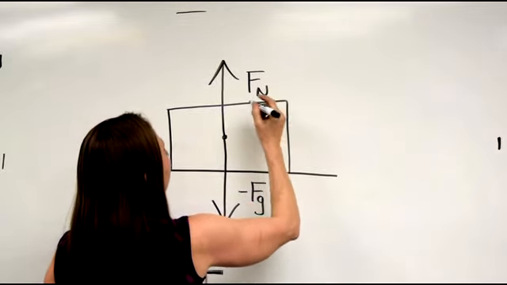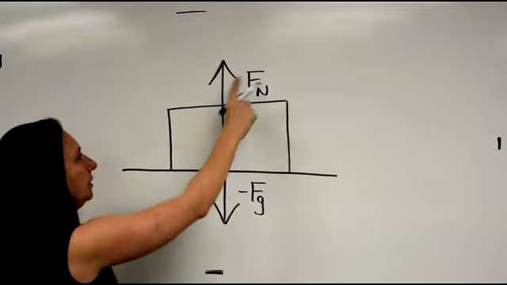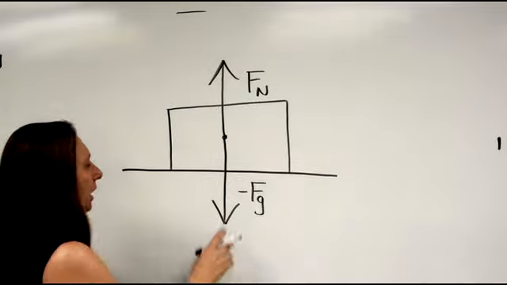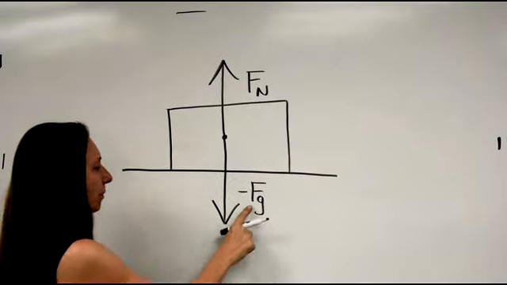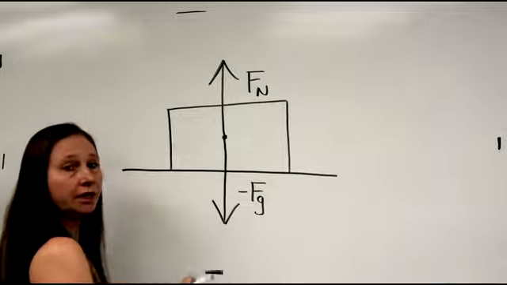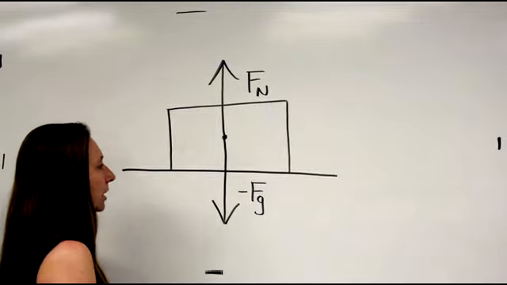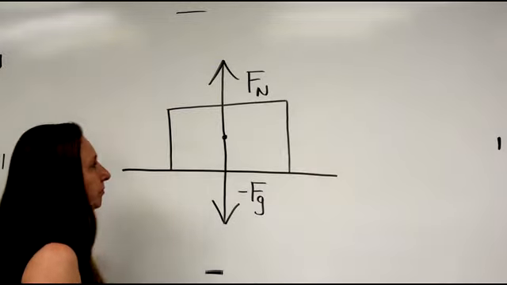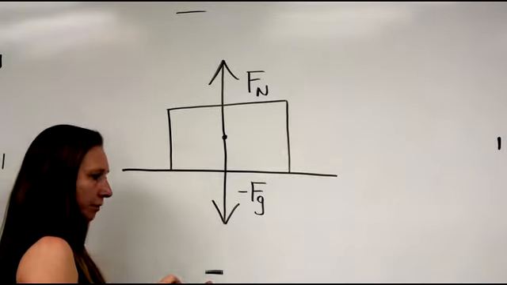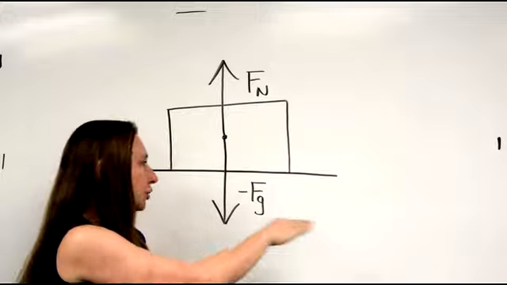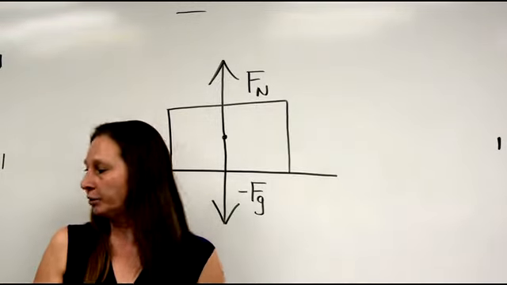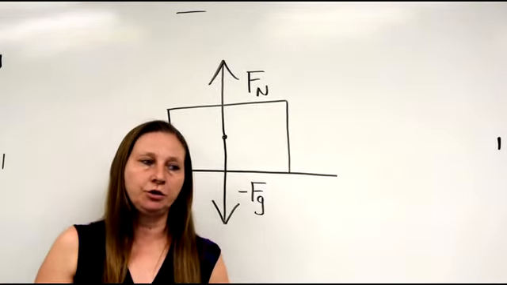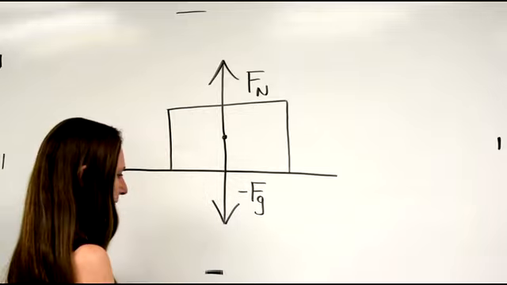And that normal force is going to be the same magnitude as the weight of the object, Fg. The gravitational force is the Earth pulling down on the object, that is the object's weight. The normal force, if the surface is strong enough, prevents the object from sinking down into the surface.